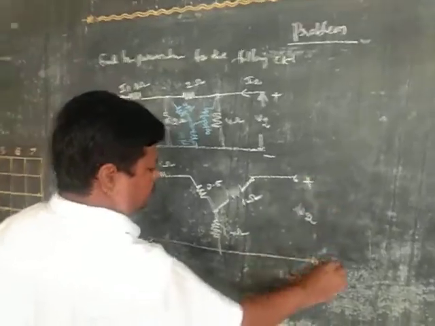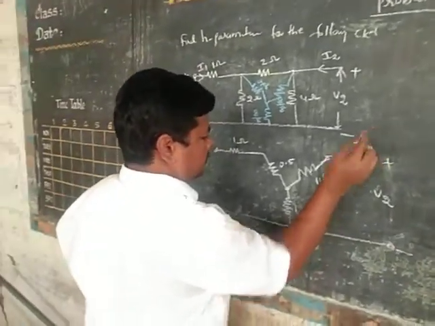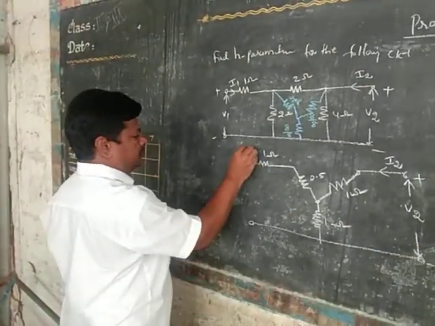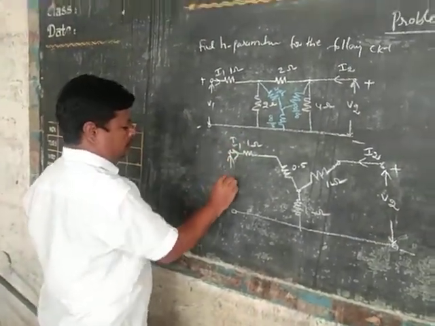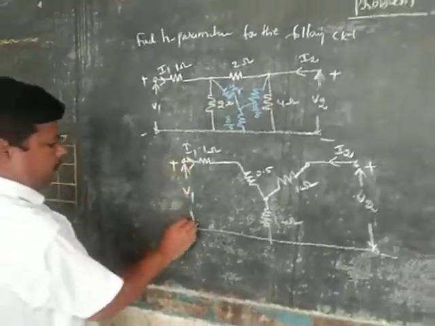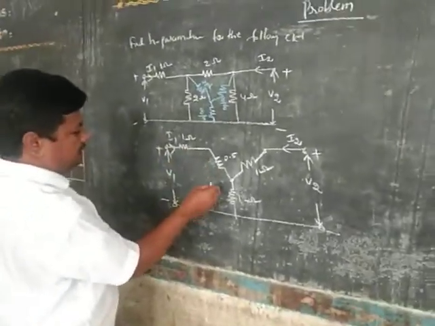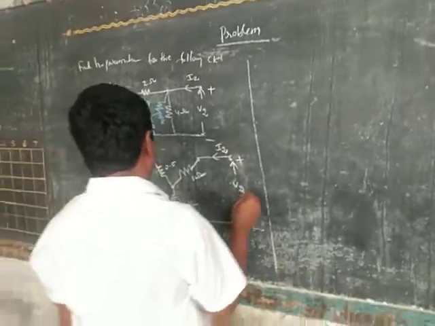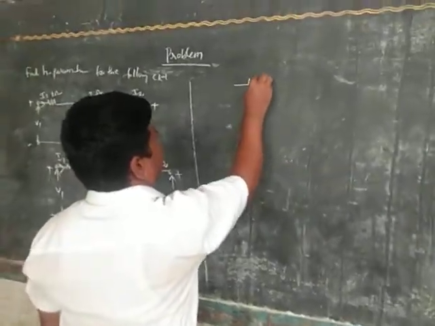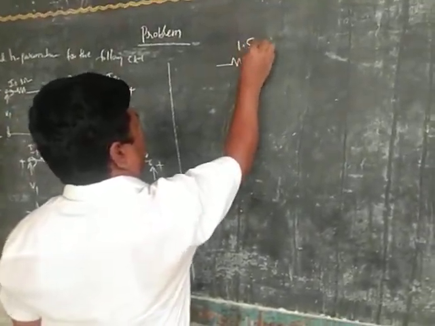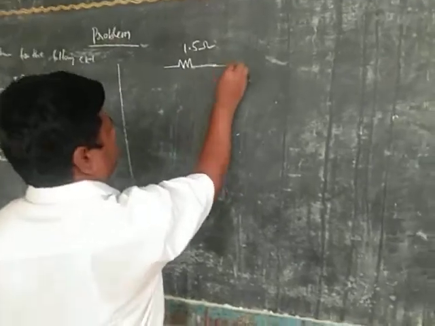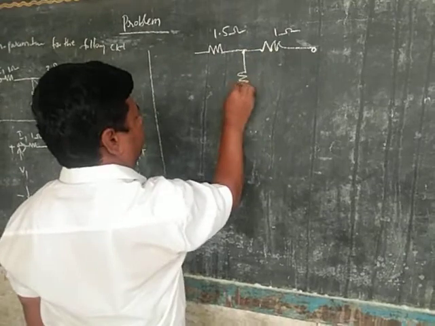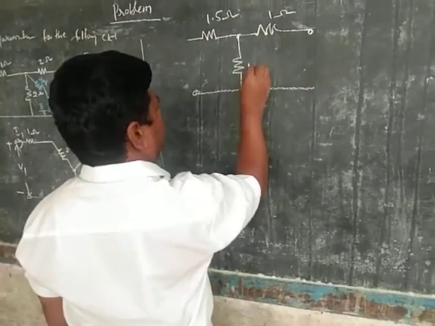So this is V2 and current I2, similarly I1 and current. Now these two are in series, right? Then again the equivalent circuit is series. Now it is a T network: 1.5 ohm, 1 ohm, 1 ohm.